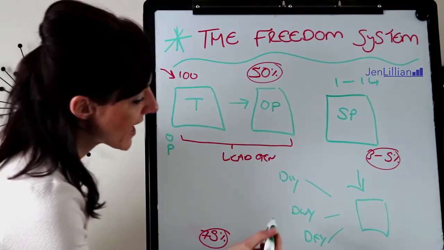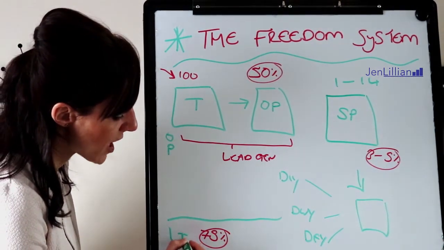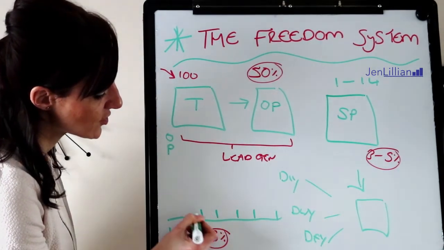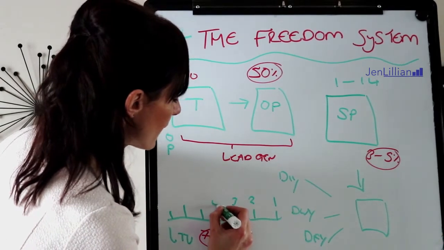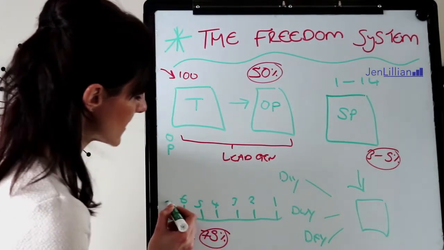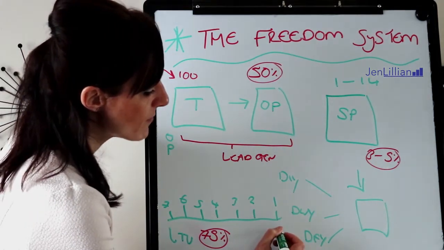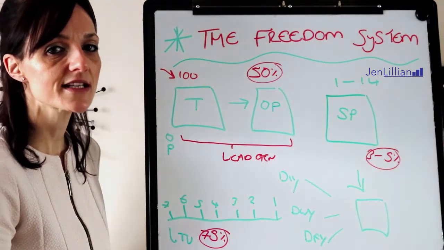Because what you can do here is work on your LTV, your long-term value. And if you list here the months, let's just say an average of 6 months, 1, 2, 3, 4, 5, 6 or 7 and onwards, you can actually charge £47 a month, £97 a month, £197 a month.